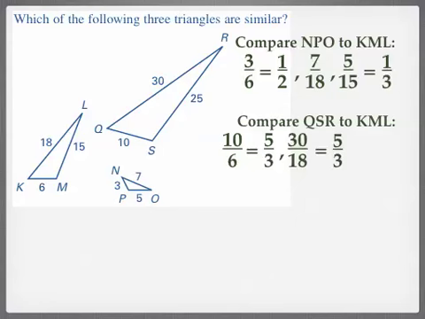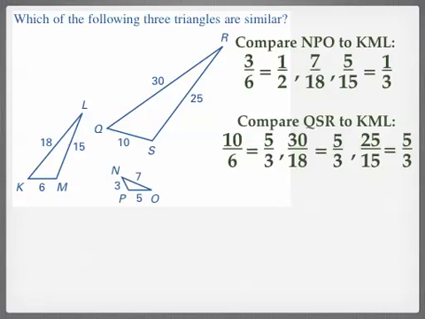I know that I have two ratios that are proportional, or both of those can be simplified to 5 over 3. However, I'm not ready to say that they're similar yet because I have to know the third set of corresponding sides is also proportional. So the last ratio that I can write is 25 to 15, which can be simplified to 5 over 3.